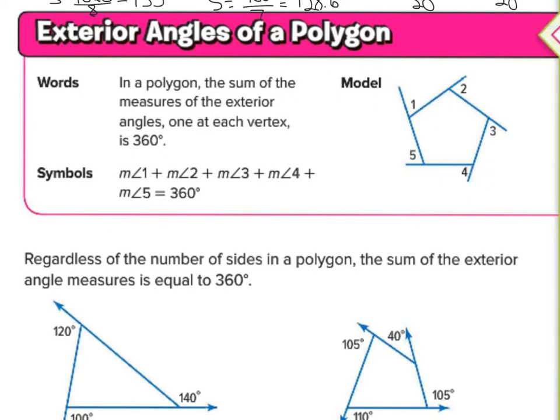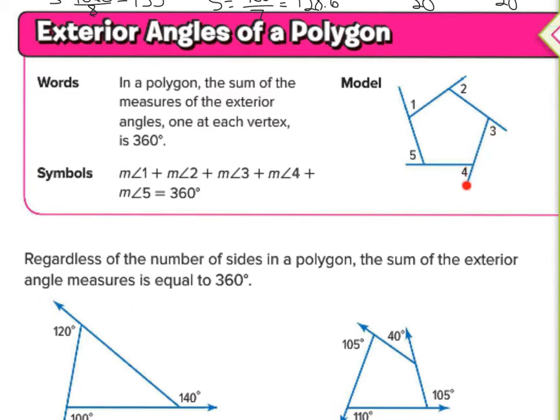And here's our other key concept for today's lesson: exterior angles of a polygon. As you can see here, we have a pentagon with 5 sides, 1, 2, 3, 4, 5. But really what they're looking for is the angle on the outside.